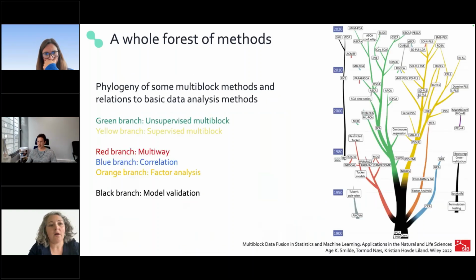So to do this horizontal data integration, you can use a whole forest of methods. As you can see here, in this image coming from this really good book, you have a summary of all the different methods, and you see that you have a large choice of methods applicable.